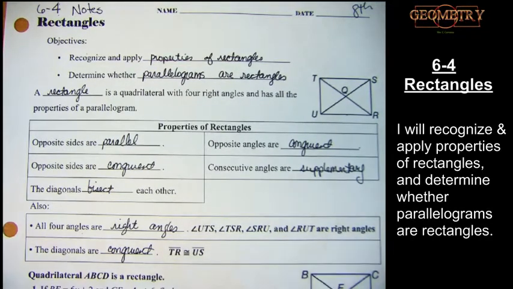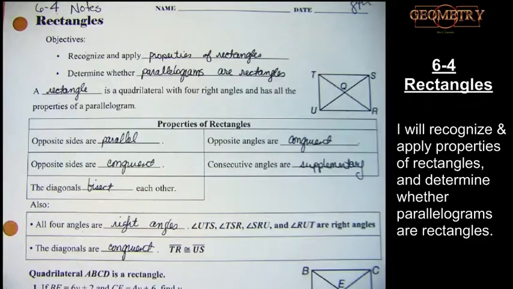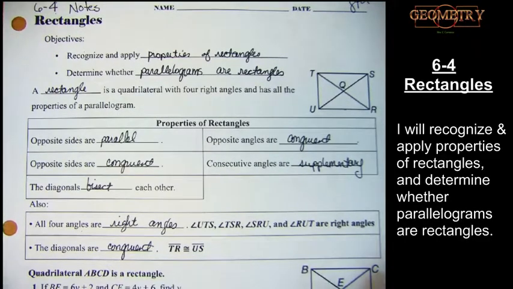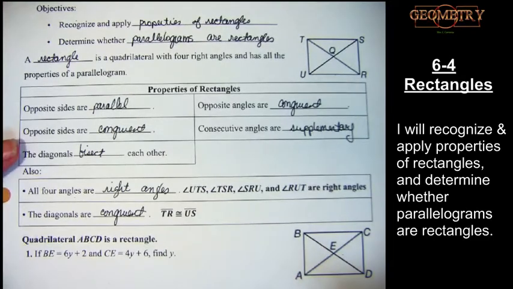A rectangle, by definition, is a four-sided shape, a quadrilateral, that has four right angles, and all the properties of the parallelograms that we were studying before the break. As a reminder, parallelograms had opposite sides parallel, opposite angles congruent, and opposite sides congruent.